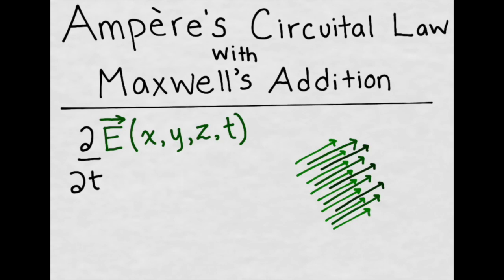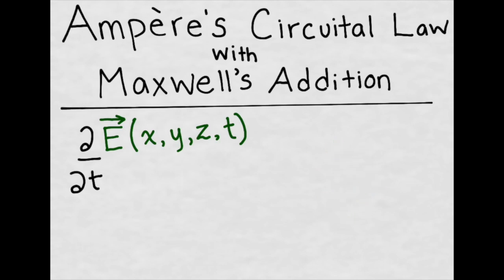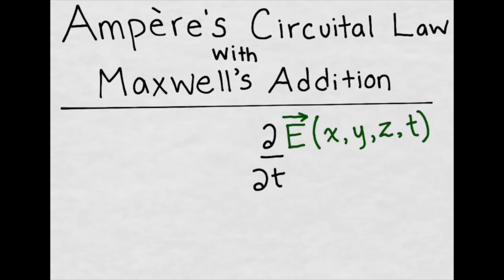All right, so I'm going to erase the electric field vectors and move this time derivative over to the right. And I'm actually going to multiply this derivative by a constant called the permittivity of free space.